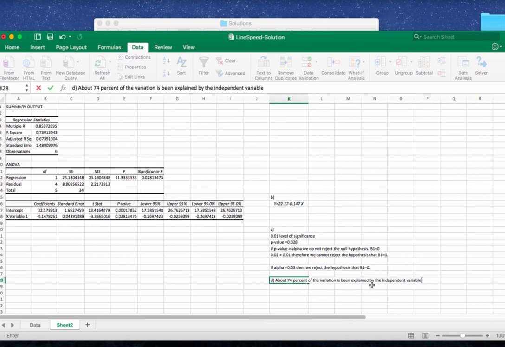In fact, it's better to say the variation of the dependent variable is being explained by the independent variable. So by this much, basically we can say that this problem is solved.